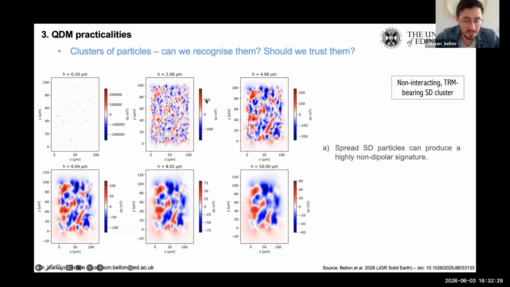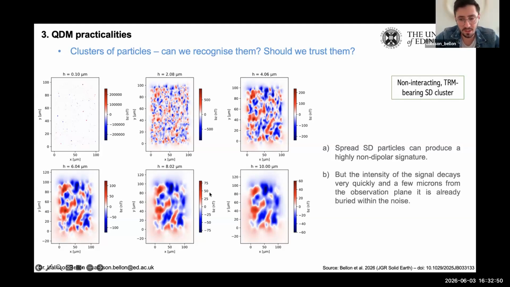The anomalies' magnitude decreases so quickly and they become so buried in noise that, I mean, how would you possibly fit anything in here? With the contribution of several single domain particles, how can you be sure that you're not fitting noise here as well?